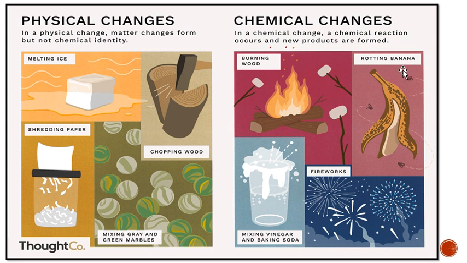Rotting banana, for example. Its odor changes, right? Its color changes. So that is an example of chemical change. Mixing vinegar and baking soda. What forms there is called a precipitate. Fireworks. Chemical change, as we mentioned in chemical properties.